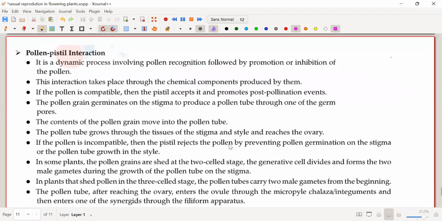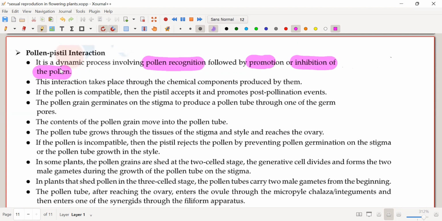Okay. Why is only the same kind of pollen getting pollinated? Only that goes through fertilization due to the pollen-pistil interaction. It is a dynamic process involving pollen recognition followed by promotion or inhibition of the pollen.